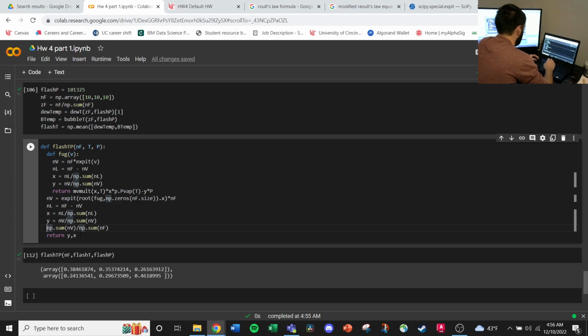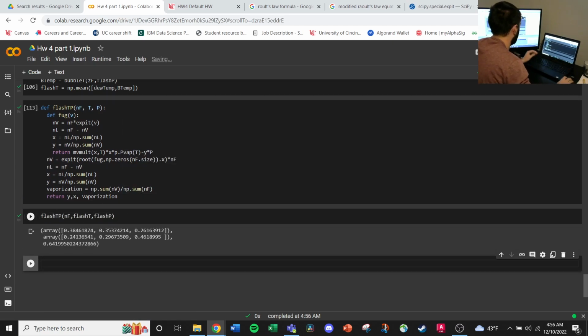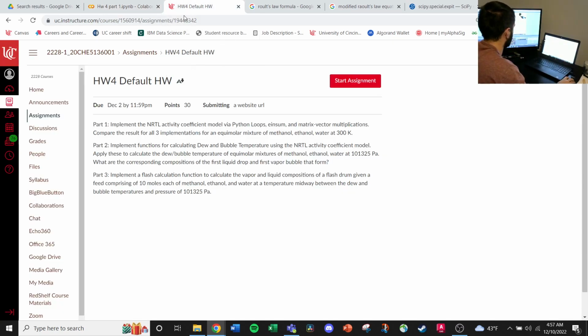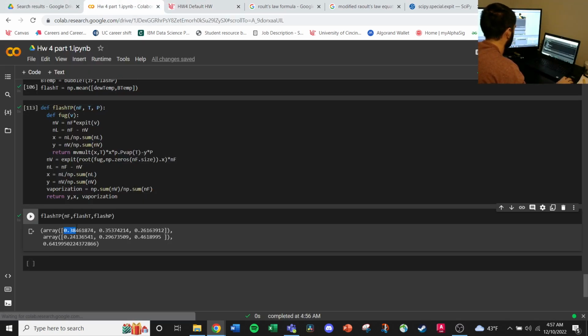What I'll call that, it doesn't really matter, I can just return that, vaporization. Then I can return vaporization, and it should come, yep, and it comes not as an array, just as a singular value now, since I did the sums divided by the total sum of moles, and it shows that about 64.2% of our feed is vaporized by our flash drum or flash calculation, and here's the percentages, like I said.